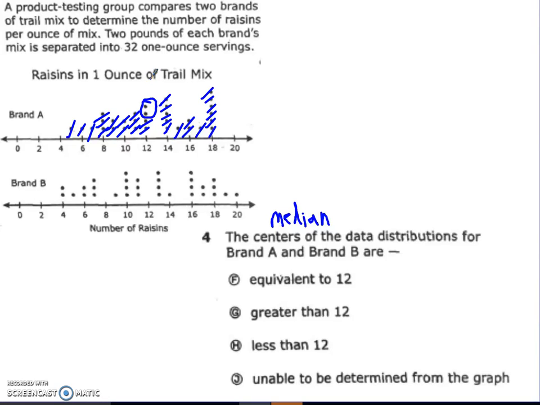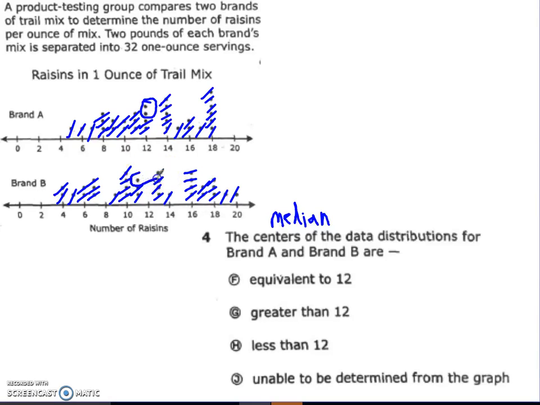All right, let's do brand B. 1, 2, 3, 4, 5, 6, 7, 8, 9, 10, 11, 12, 13, 14, 15.